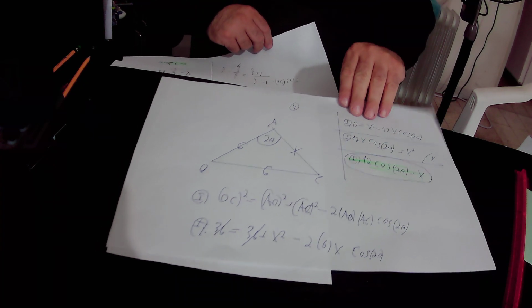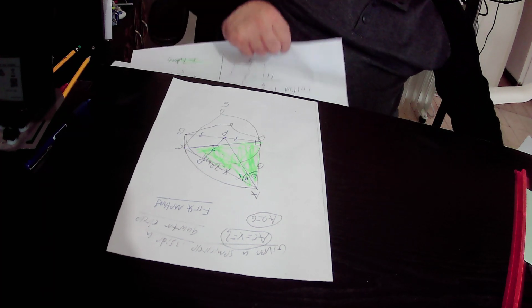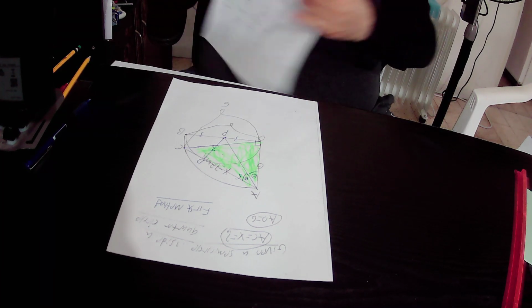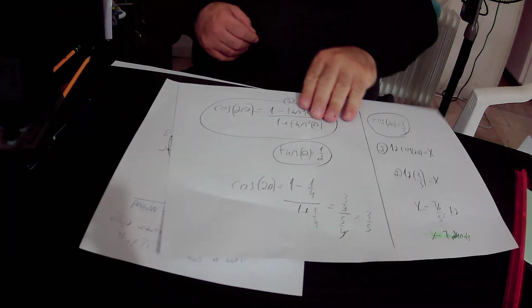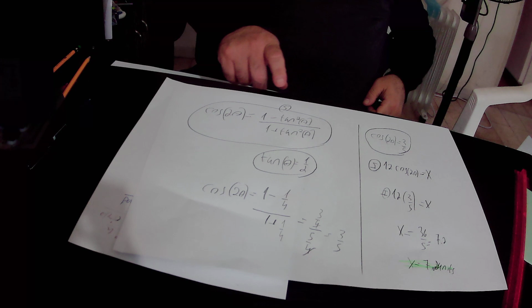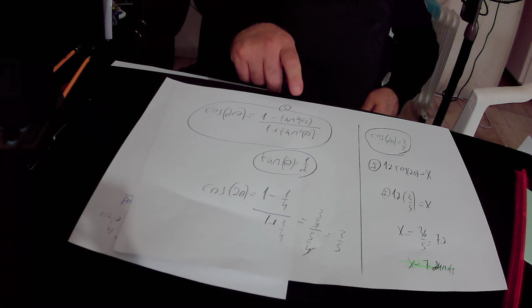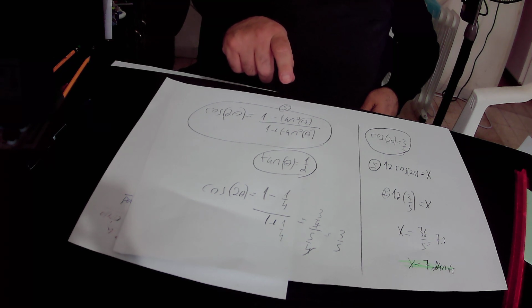In order to find the value of cosine 2 theta, we have the trigonometric identity that states that cosine 2 theta equals 1 minus tangent square theta over 1 plus tangent square theta.